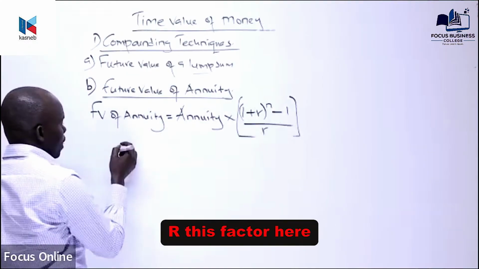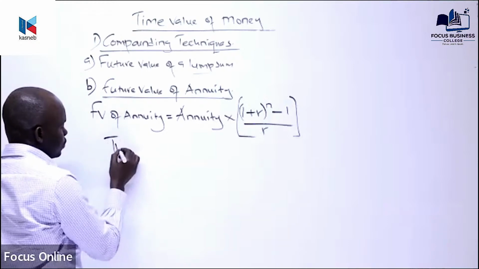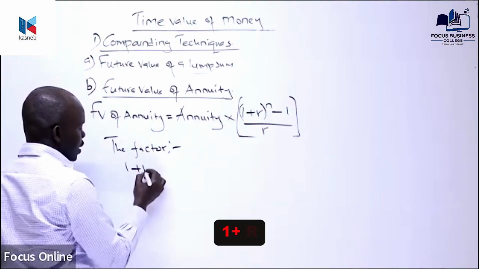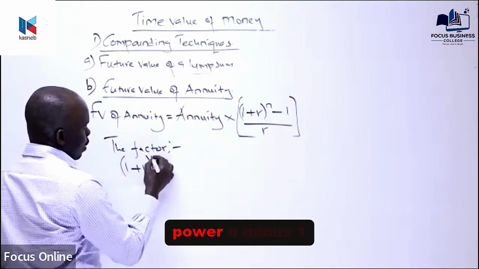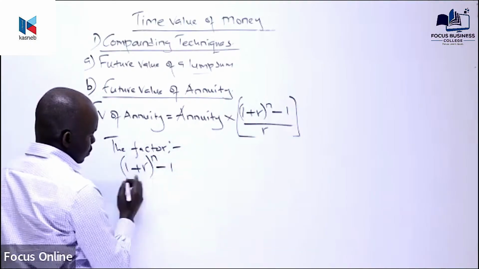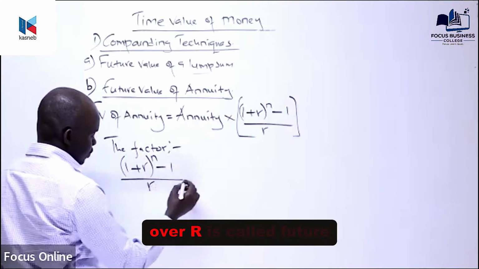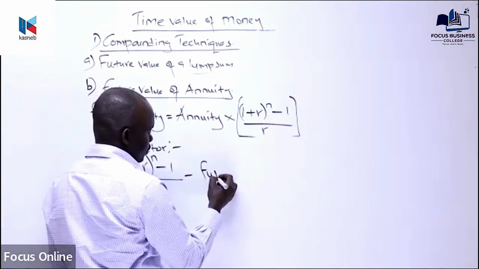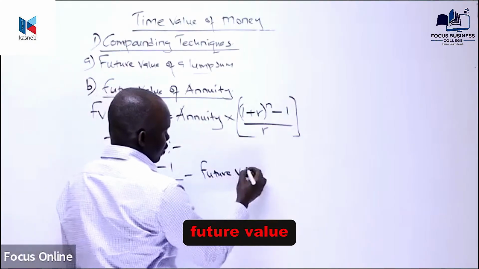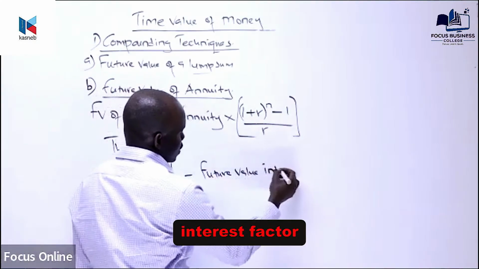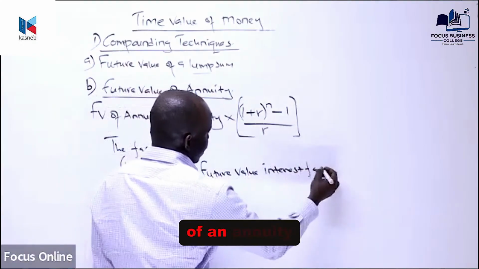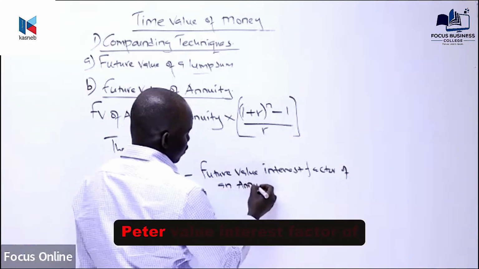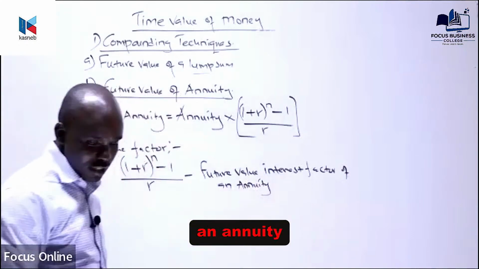This factor here, 1 plus r power n minus 1 over r, is called the future value interest factor of an annuity.